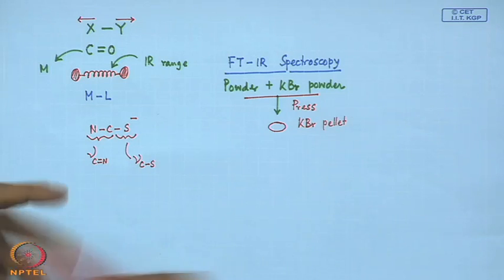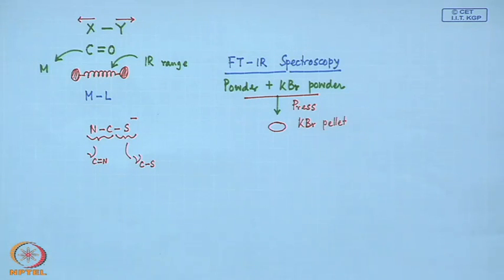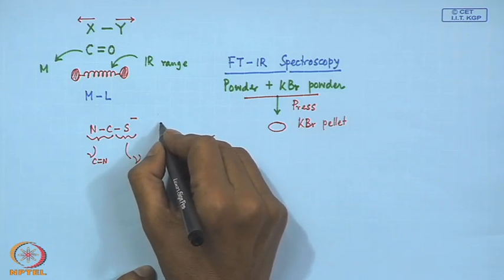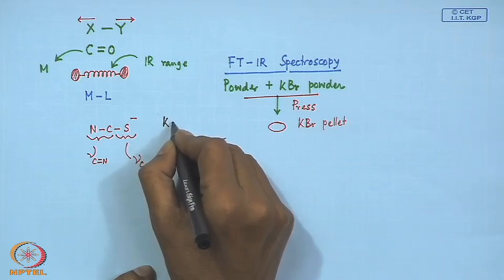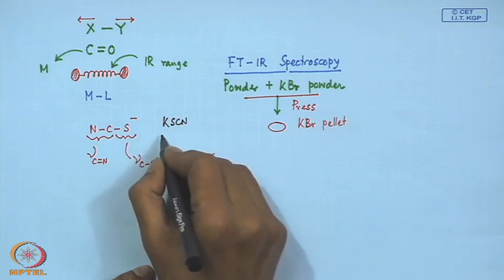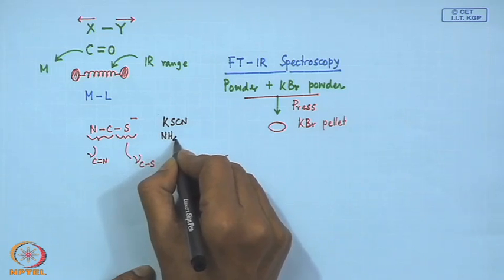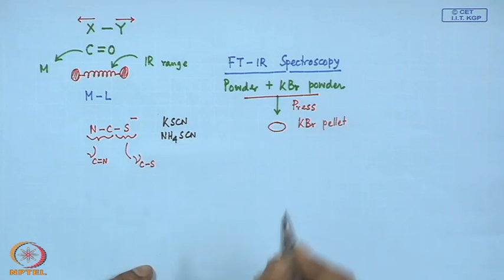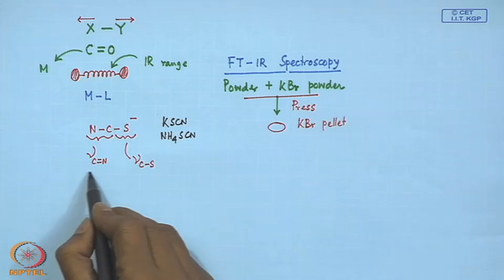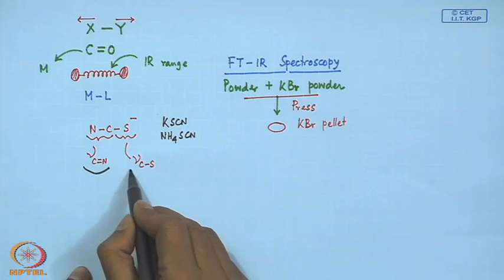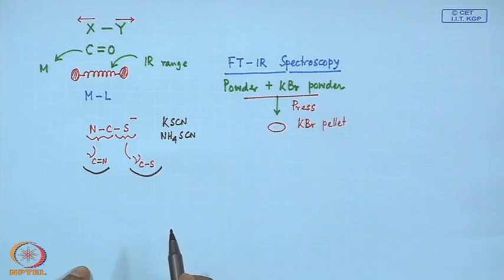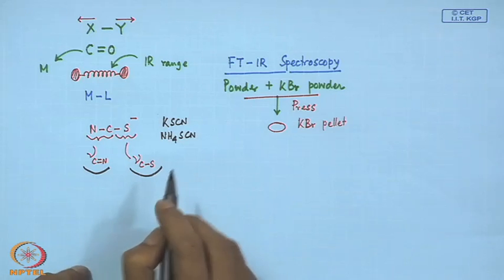If we can monitor these two nicely in the parent salt, that means it can be potassium thiocyanate or ammonium thiocyanate, these two values are known when it is not bound to the iron center.